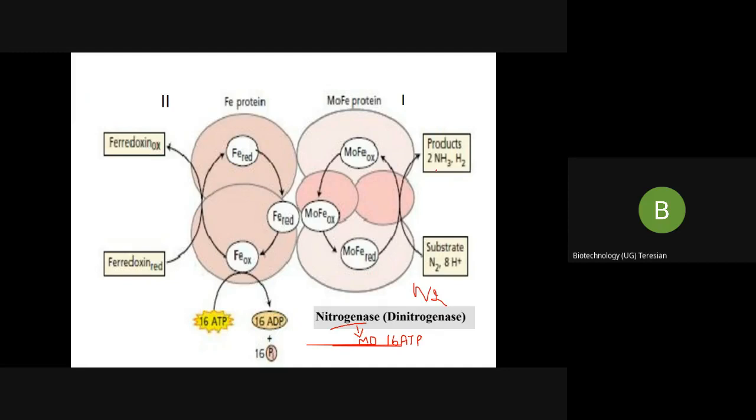This enzyme consists of 2 components, component 2 and component 1. This enzyme consists of the molybdenum iron protein and the iron protein. These are the 2 components. The molybdenum iron protein has 4 subunits, you can see here 1, 2, 3, 4.